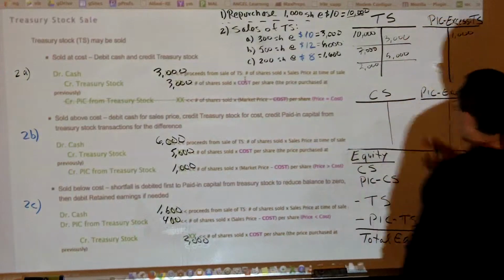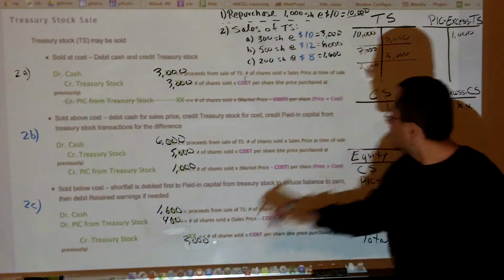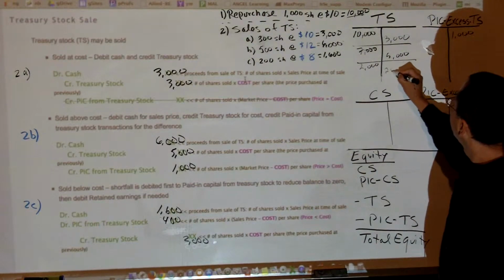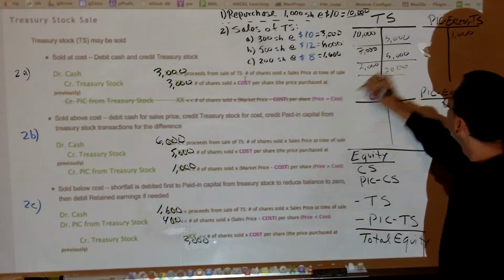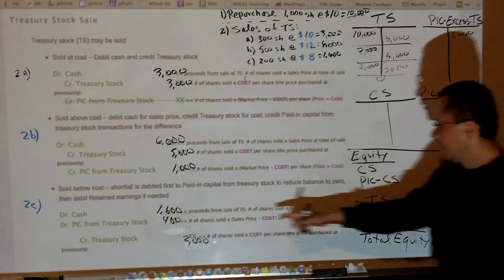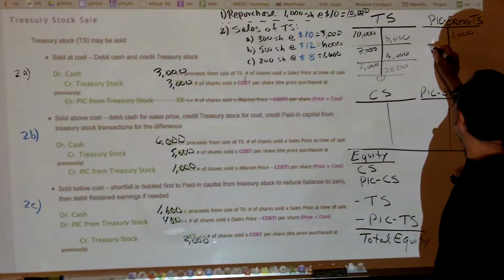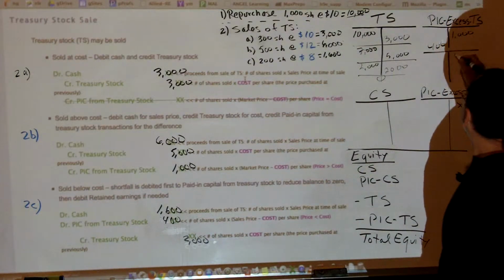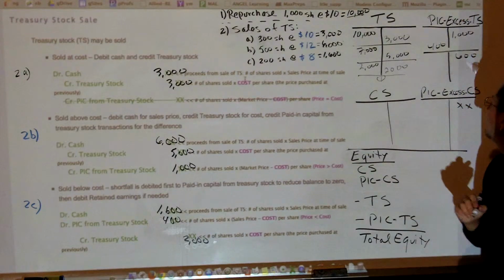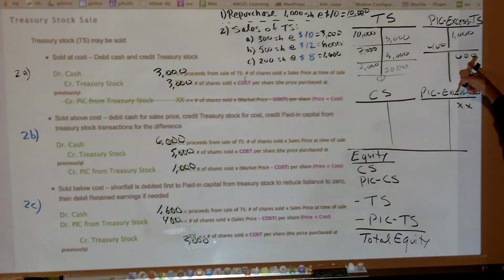So when we do the actual postings here, when we debit that $2,000 to treasury stock, that would finally eliminate the balance for treasury stock. When we post that debit to the PIC excess treasury stock, we would end up with an ending balance for PIC excess treasury stock of $600.